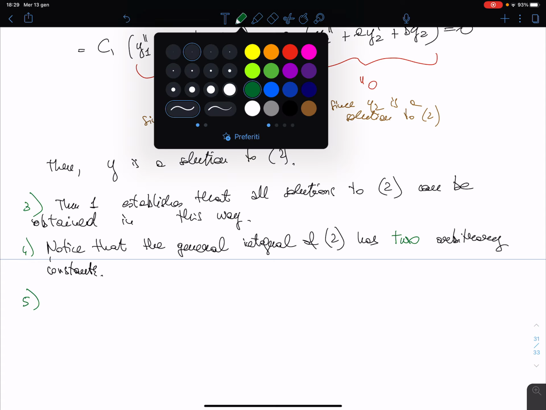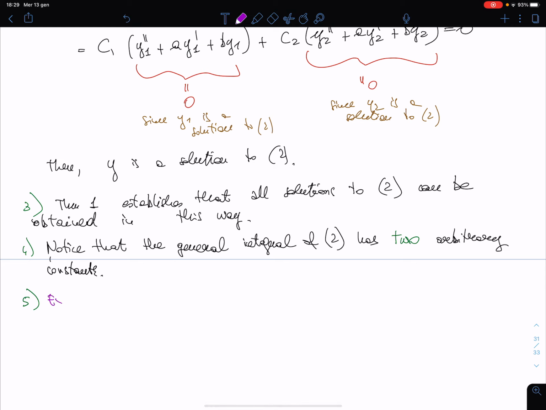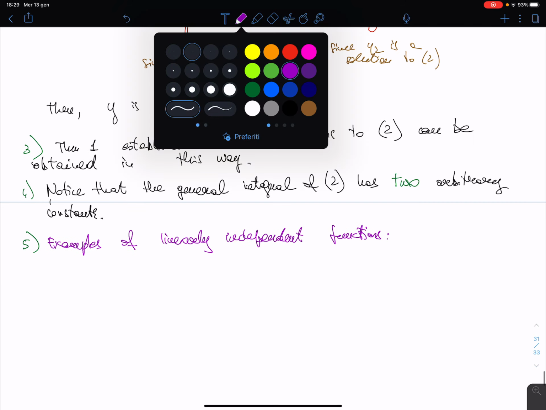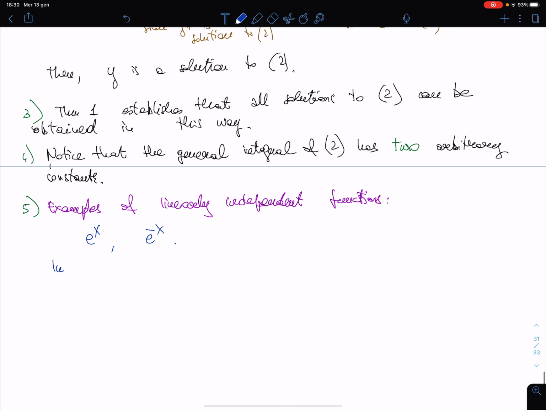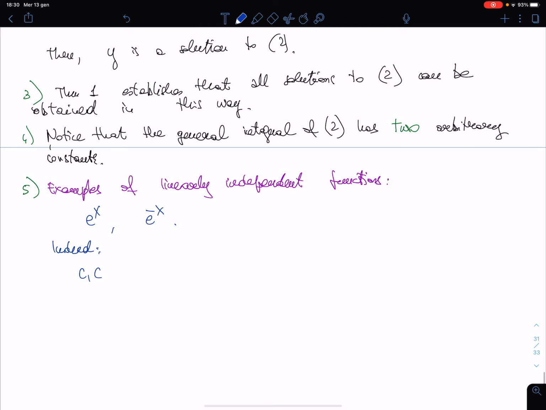And the fifth comment is the following. I want to give you some examples of linearly independent functions. It is very easy. Here, for instance, you have e to the x and e to the minus x. Indeed, consider the combination c1 e to the x plus c2 e to the minus x equal to 0 for every x.